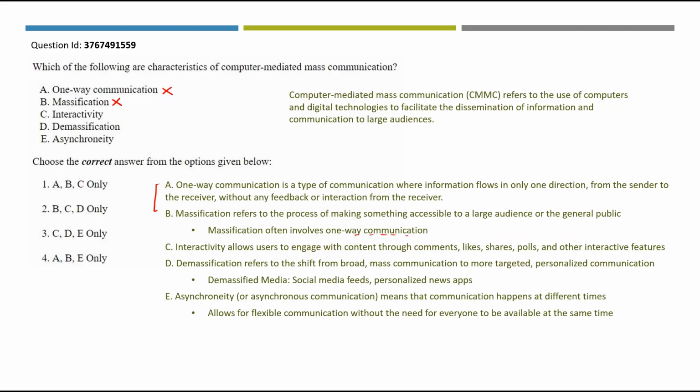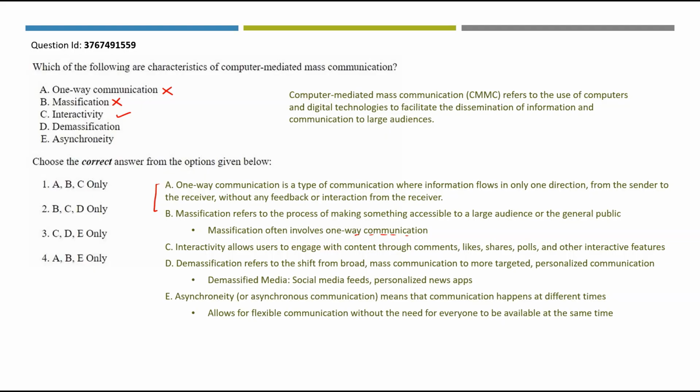What about C? Interactivity. Definitely C will be there. Interactivity allows users to engage with content through comments, likes, shares, polls and other interactive features. What about demassification? This refers to the shift from broad mass communication to more targeted personalized communication. Demassified media examples can be taken as social media feeds.